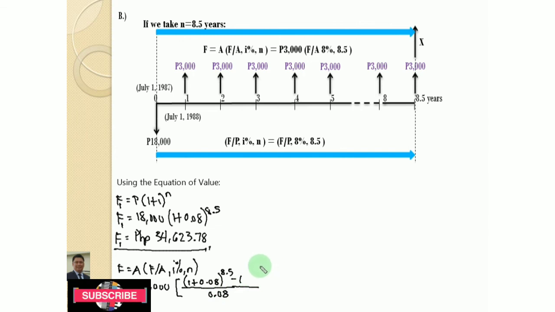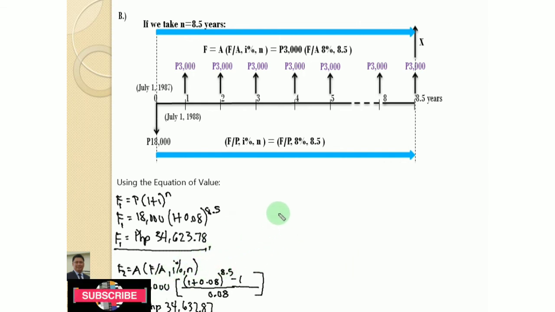So the value of F here, our F2, would be equal to 34,632.87 pesos.